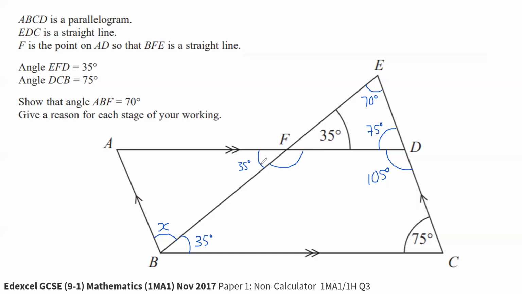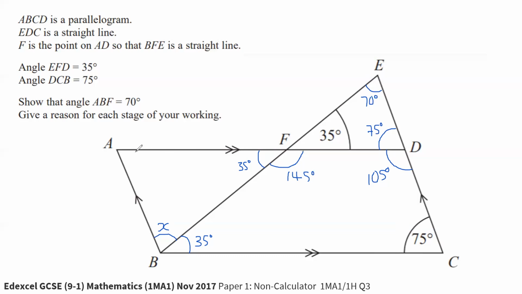So if we do 180 minus 35, it's going to give 145. And you can check that you're correct, because we've got a four-sided shape here. So 105, 145, 35, and 75 should all add up to 360.